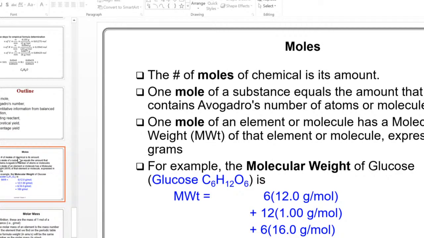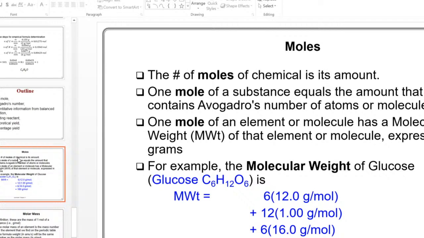For example, let us look at the molecular weight of glucose. Glucose has the formula C6H12O6. To determine the molecular weight of glucose, you multiply the relative atomic masses of the constituents by the number of atoms.